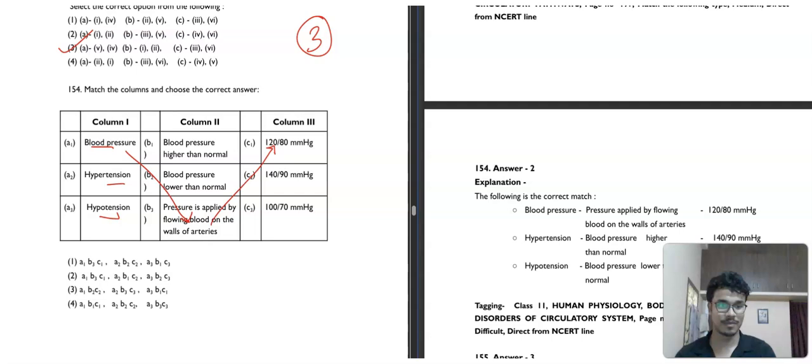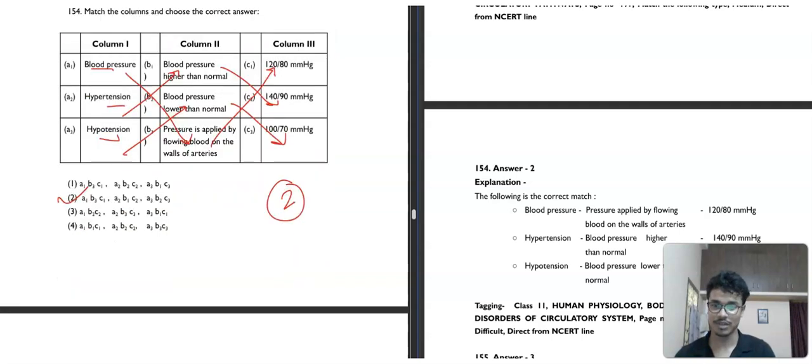Hypertension means more blood pressure, higher than normal, approximately 140 systolic and 90 diastolic. Then hypotension is blood pressure lower than normal. The normal is 120, so if that reduces to 100, we can call it hypotension, and the diastolic pressure also reduces to 70. So the correct answer is option number second.